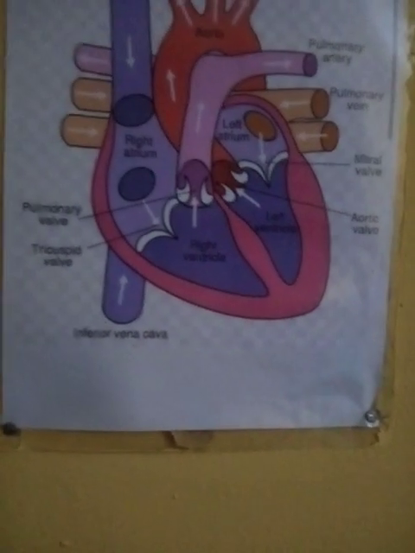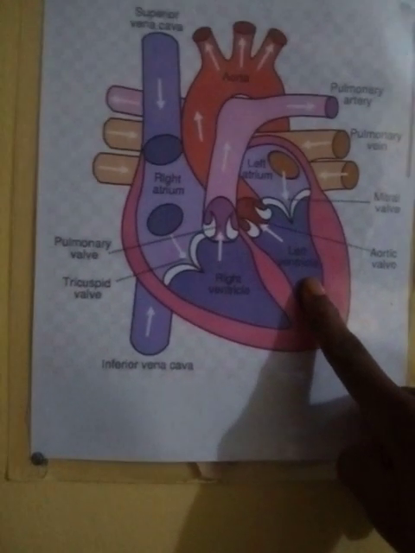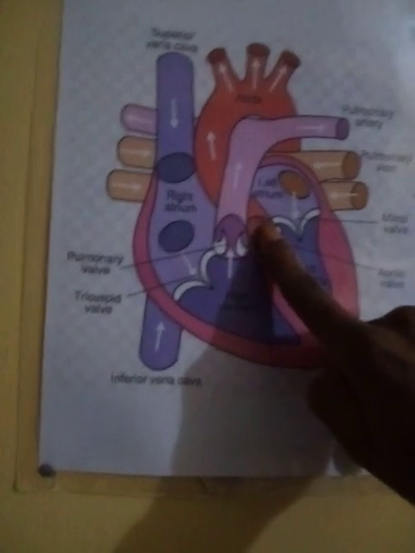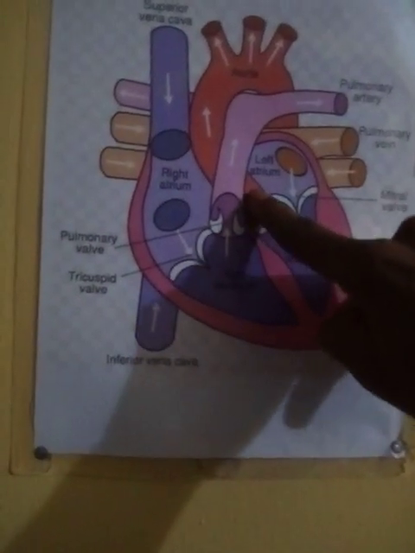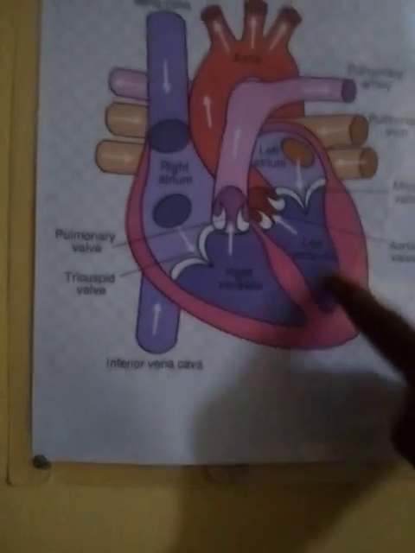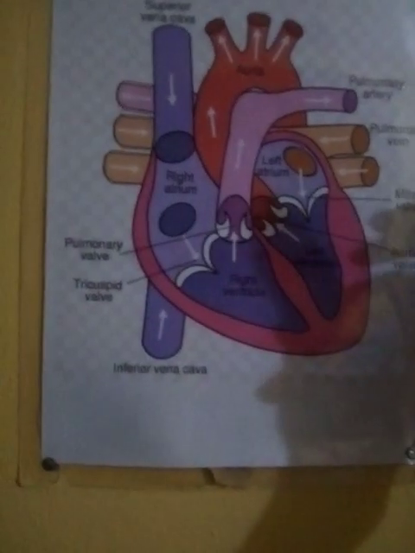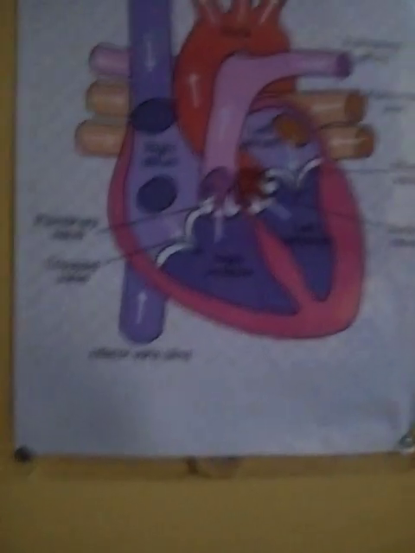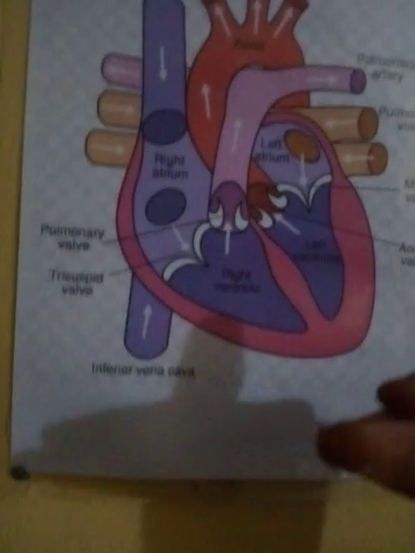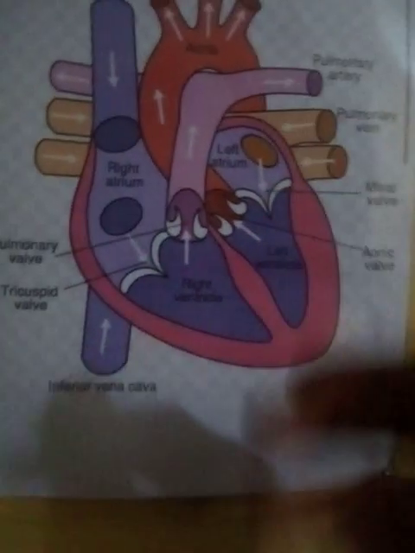Because the force that is coming from the left ventricle into the aorta is very high. If the aorta is not strong enough to accommodate the pressure coming from the left ventricle, the aorta will burst. This is why it is designed in such a way that no matter the kind of pressure coming from here, it can accommodate the pressure from the left ventricle.